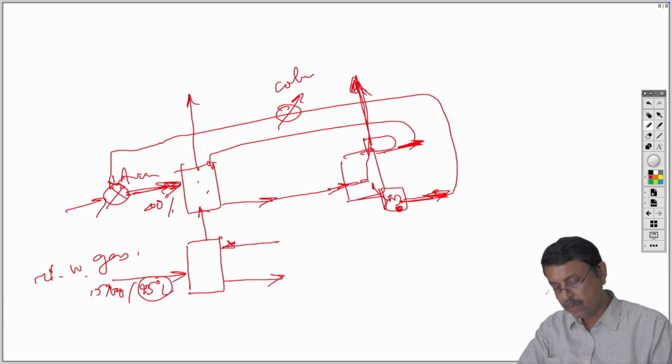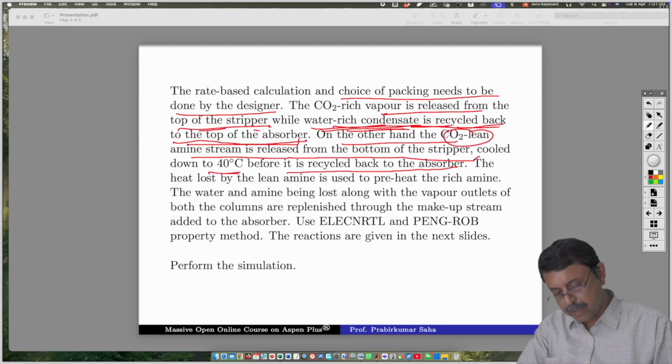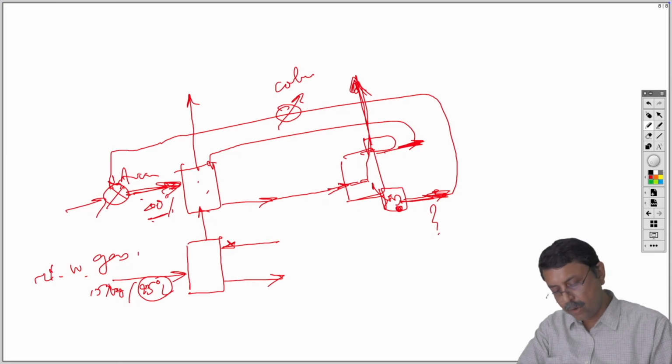This will be a cooler which will reduce the temperature from whatever it is to 40 degrees centigrade, because the temperature of lean amine going into the absorber is 40 degrees centigrade. The heat lost by the lean amine is used to preheat the rich amine. That means whatever heat is being lost over here, we are not going to lose it permanently.